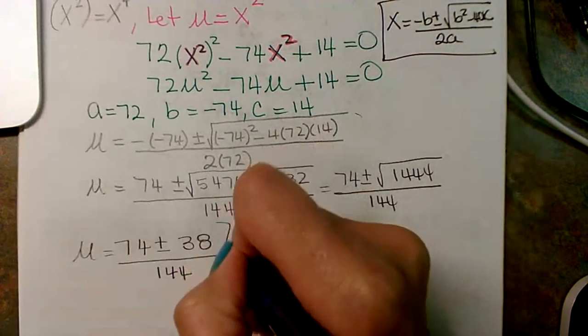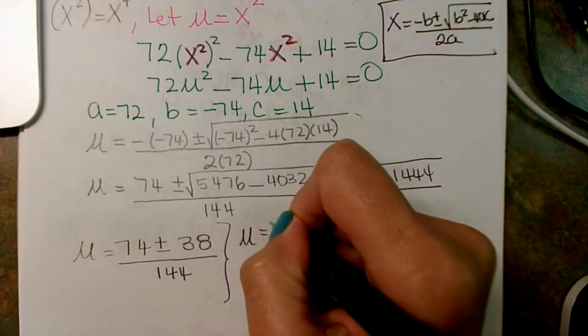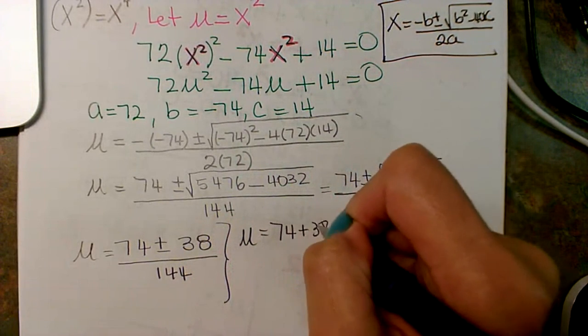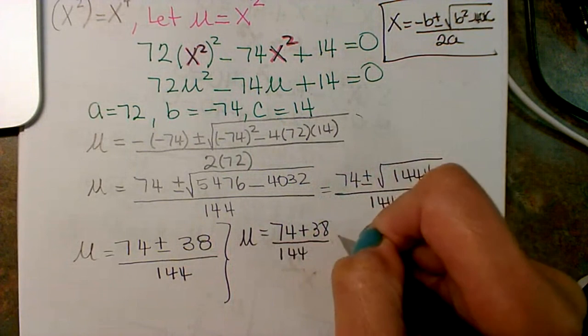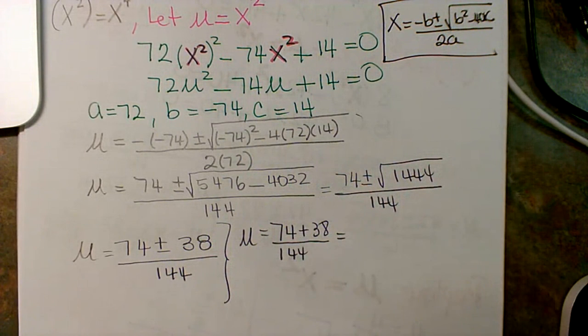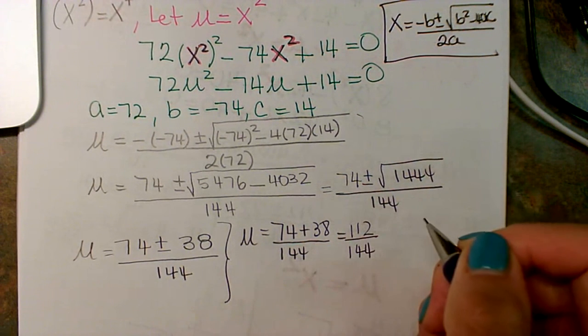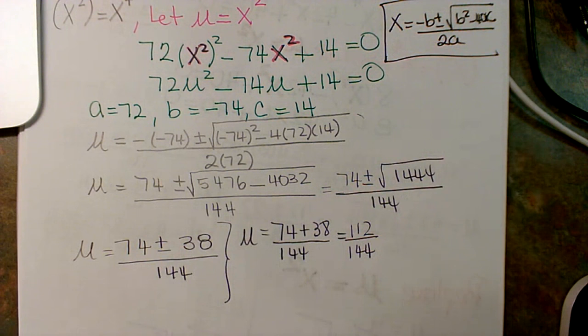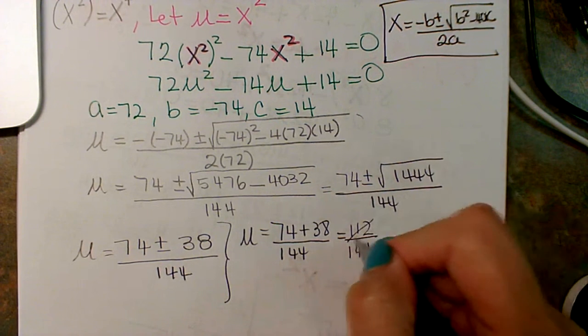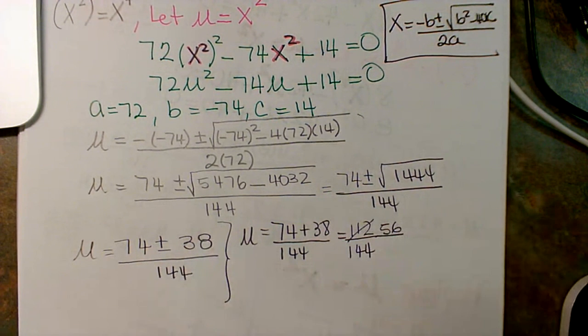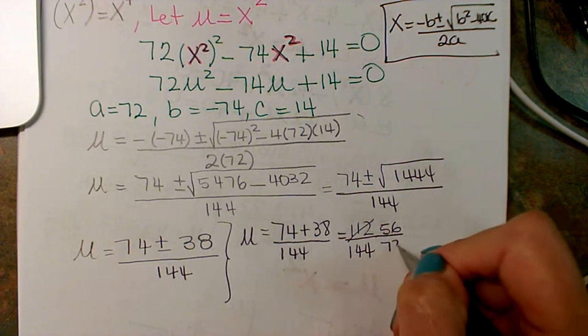So we're going to have two answers here. One is going to be 74 plus 38 divided by 144. So then 74 plus 38, this is 112, over 144. By 2, we're going to divide by 2, is 56 over 72.